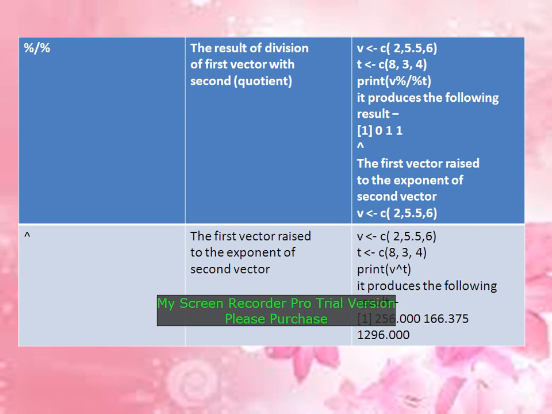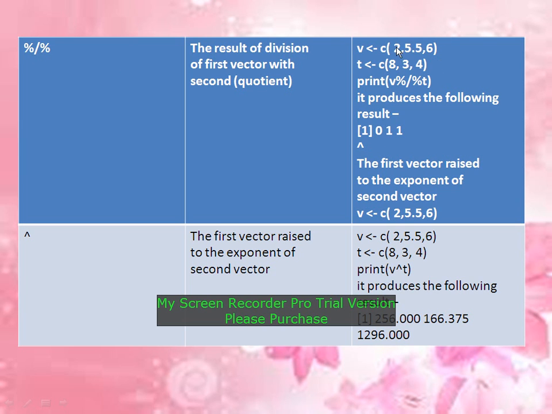And another symbol, percentage slash percentage, gives the result of division of the first vector by the second vector. Quotient value, not the remainder.